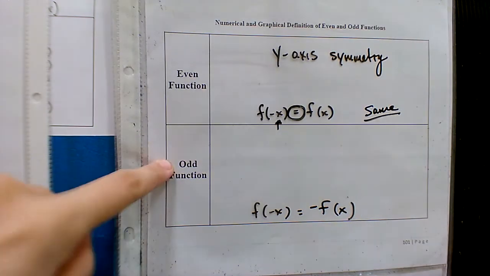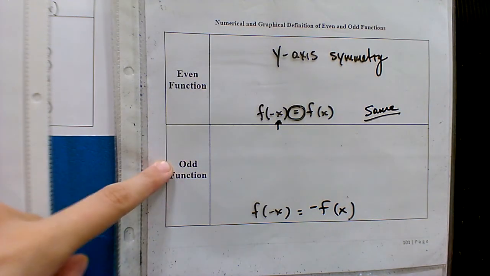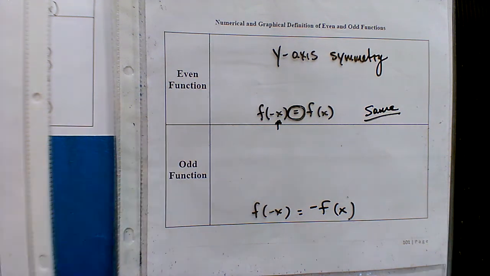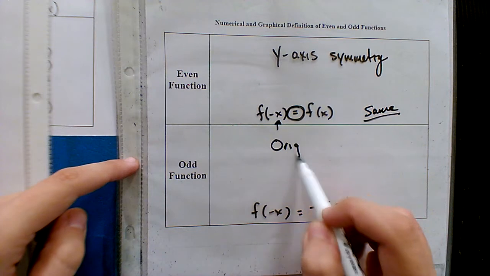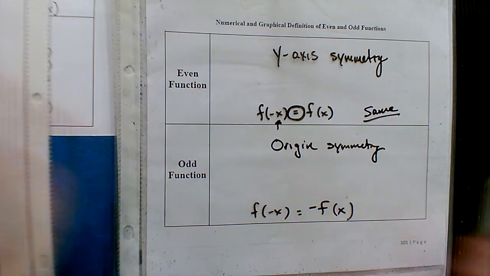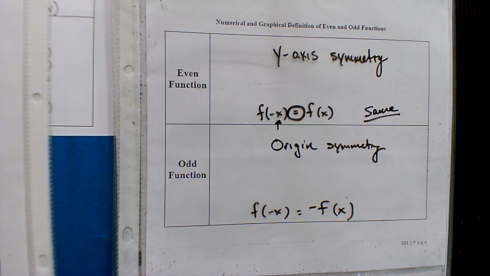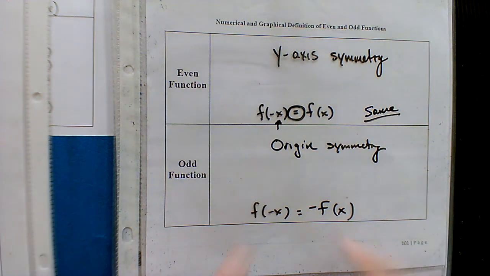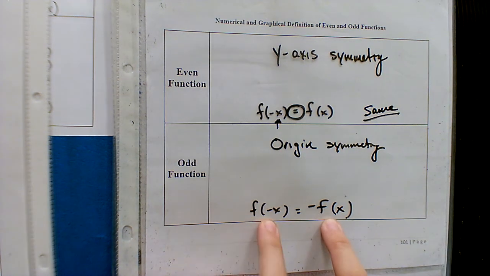What about odd? That signifies what type of symmetry? Origin. Odd, origin. So on Wednesday, we wrote the ordered pair relationship, and based off that relationship, we came up with this function notation.